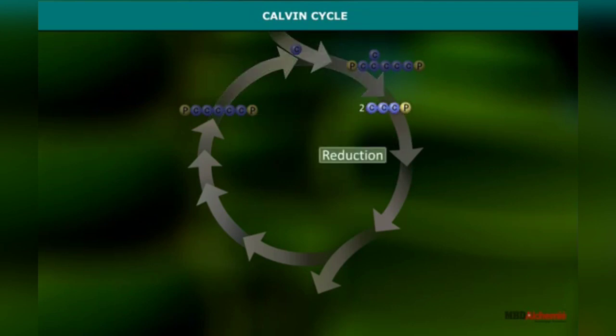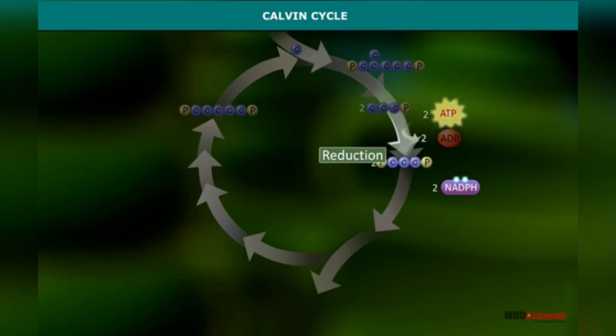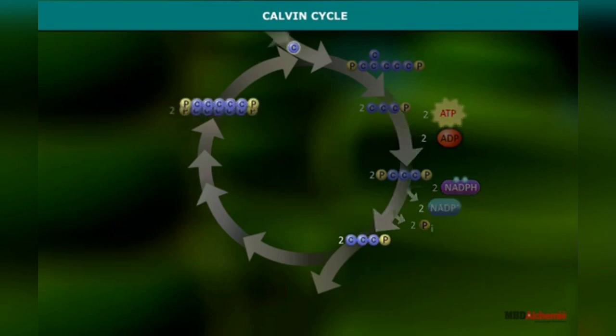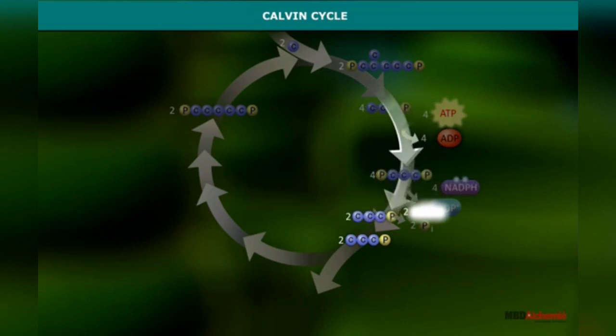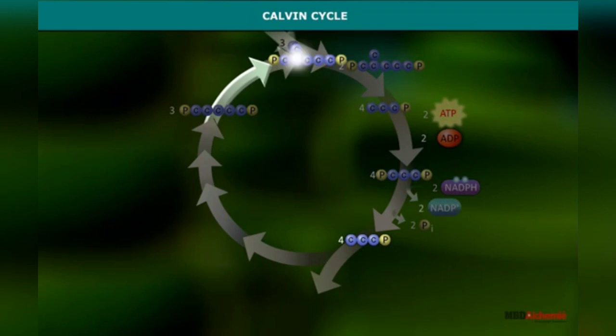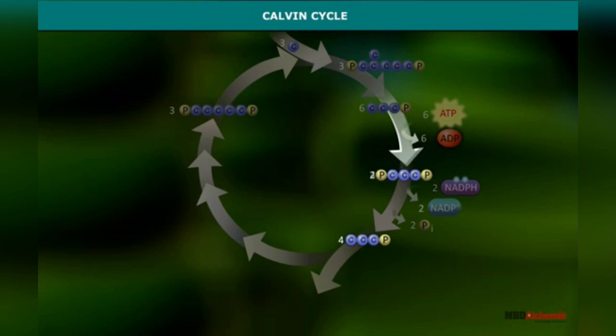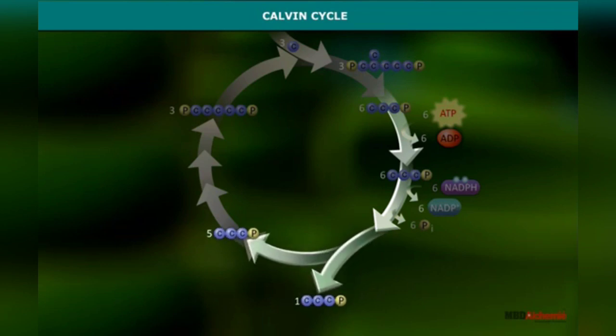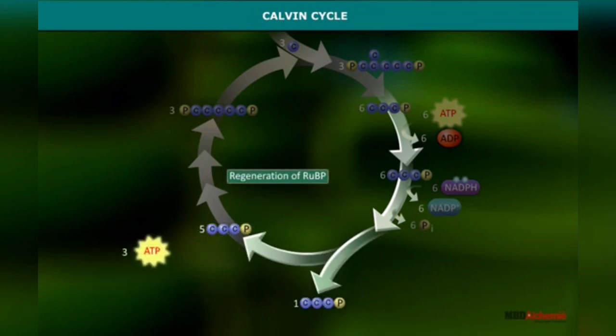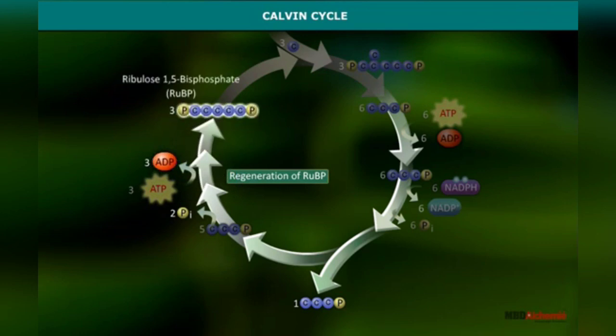The second step is a sequence of reactions using electrons from NADPH and some of the ATP to reduce carbon dioxide. In the third step, ribulose 1,5-bisphosphate is regenerated.